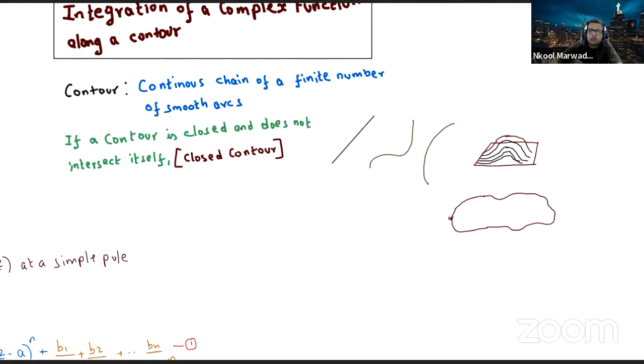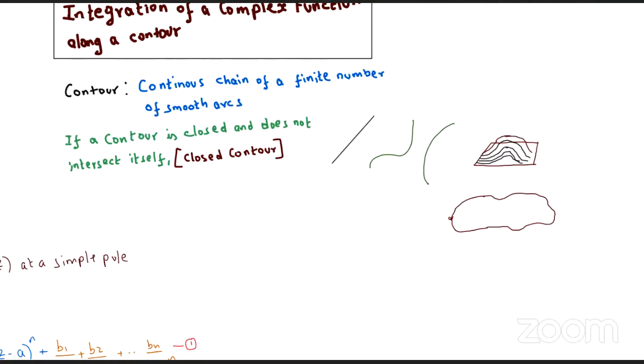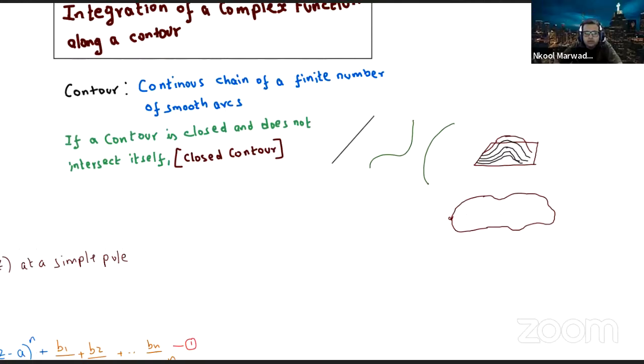That is the closed contour. The same surface which we drew is not a closed contour but an open contour, because the arcs are not closed. But similarly, I can have a closed contour also. That's possible.